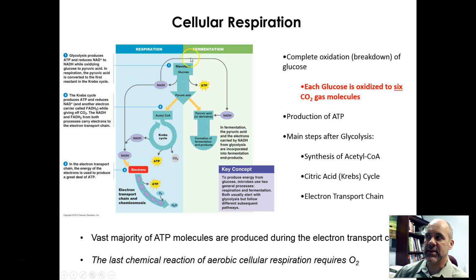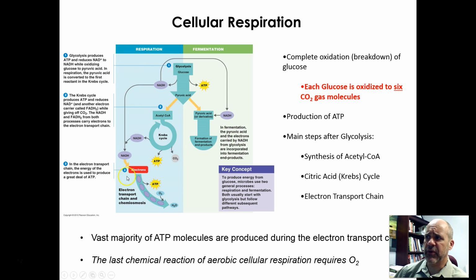And both of those processes follow glycolysis. So glycolysis, the partial oxidation of glucose and conversion of that into 2 pyruvic acid molecules, is a common phase to both cellular respiration and fermentation.